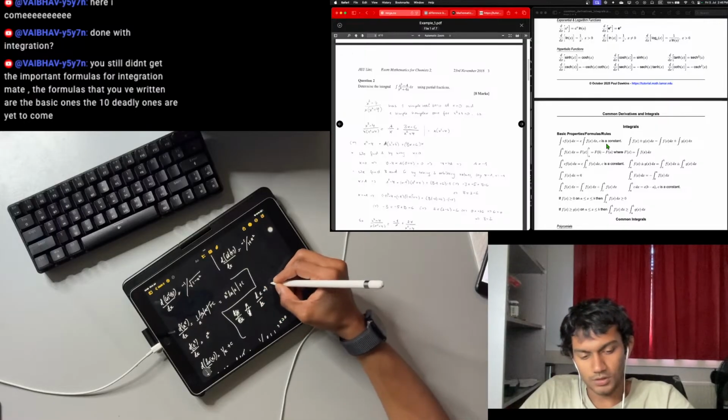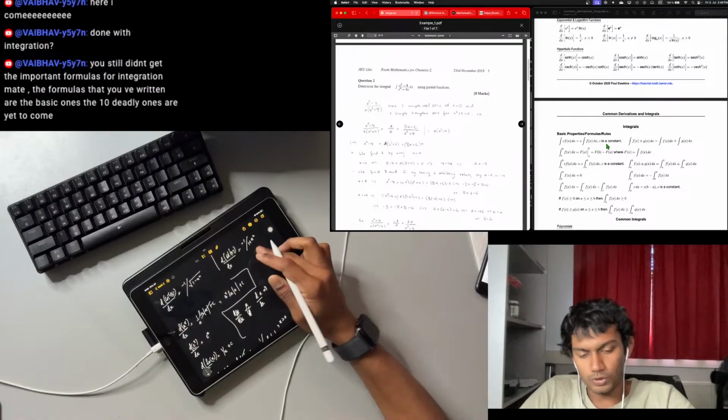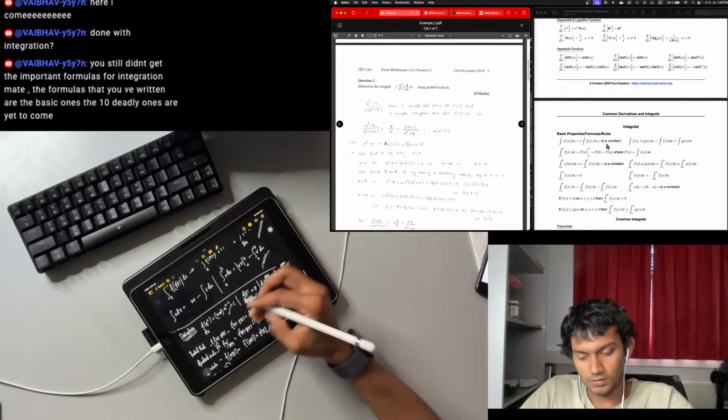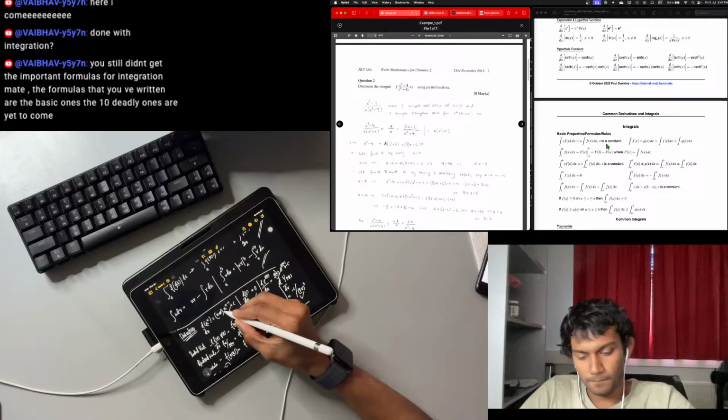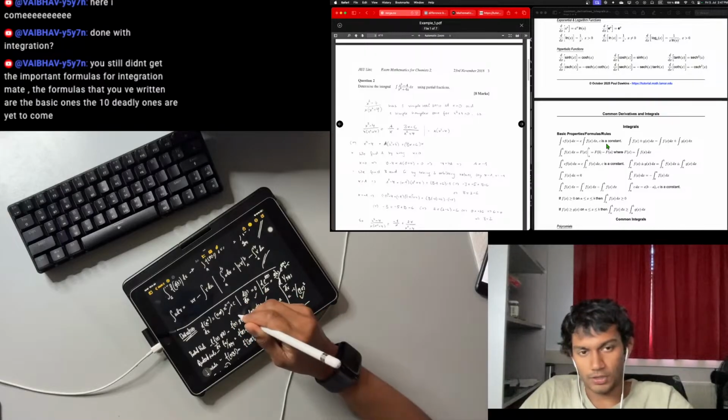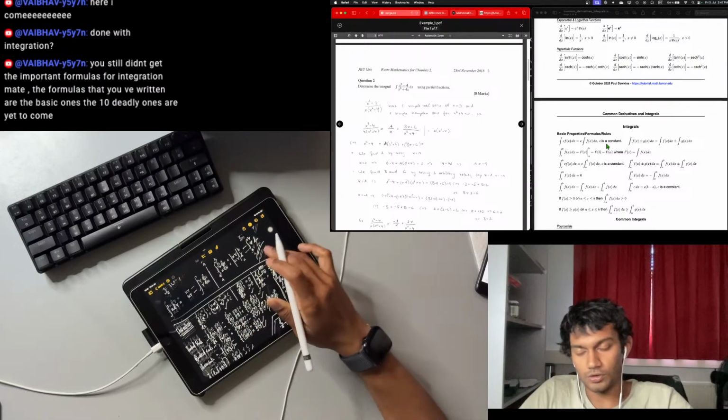Equals, yeah, this one is gonna be x raised to. Which one adds, integration or, okay, derivation subtracts.